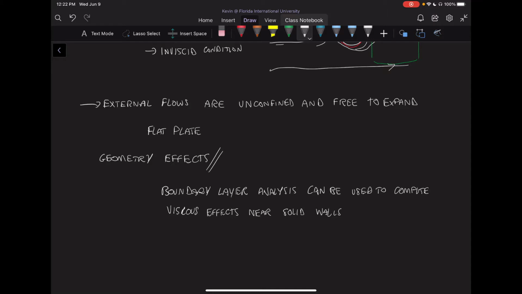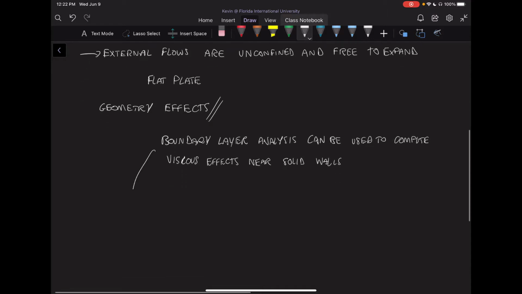And what we're going to do is we're going to patch this boundary layer. Okay, this is a term from fluid mechanics. We're going to patch these boundary layer flows to inviscid flow, which is our far field essentially.